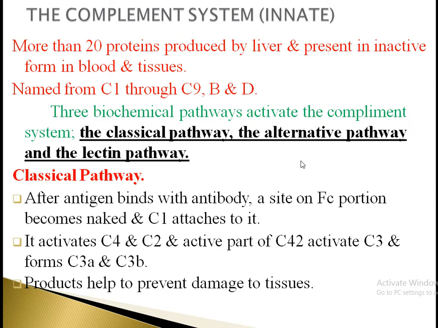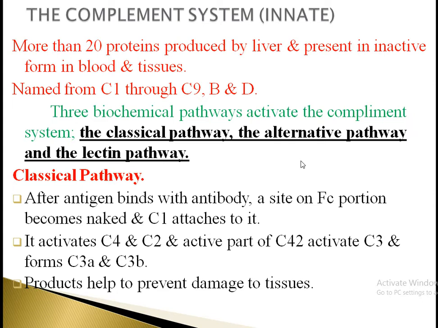But if they are not killed completely, other complex mechanisms also play a great role to control that infection. It doesn't mean that the role of neutrophils and macrophages stops. They are doing their job, but other more complex systems also play their role.